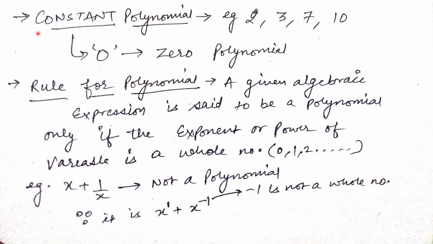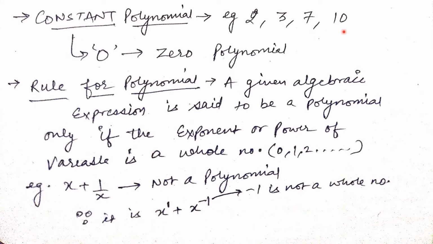Now, after understanding monomial, binomial, and trinomial, we have a type of polynomial known as constant polynomial. So, as the name suggests, a constant polynomial will not have any variable in it. Examples 2, 3, 7, 10.